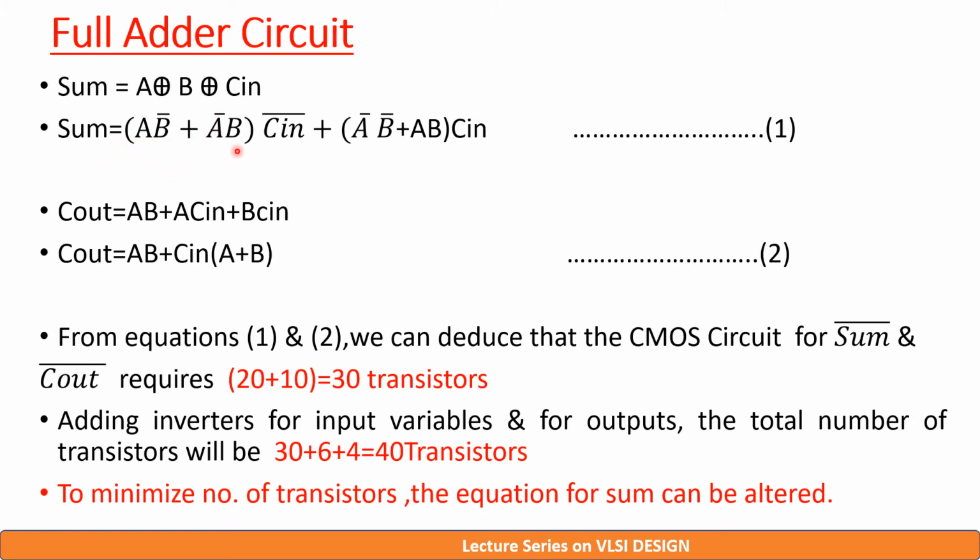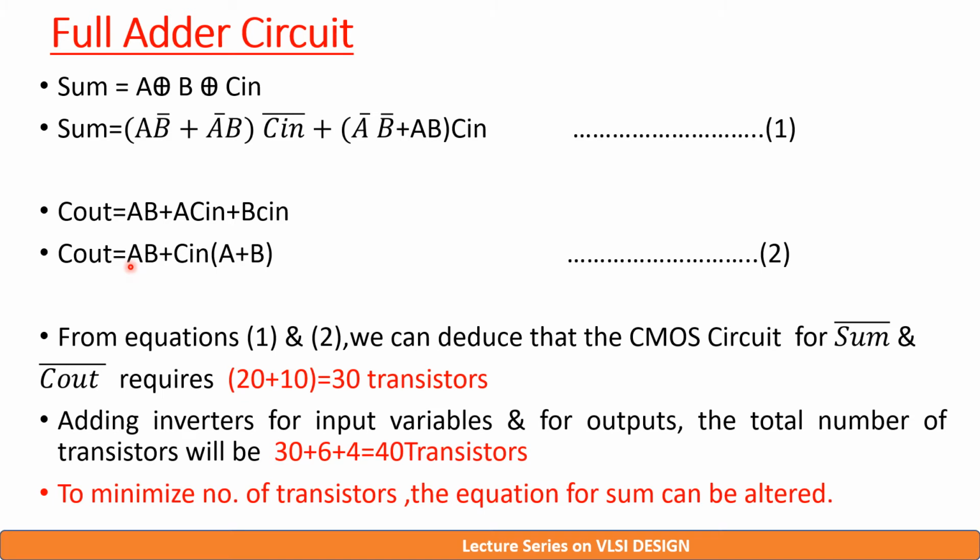So sum expression can also be written as AB bar plus A bar B into C in bar plus A bar B bar plus AB into C in. So from equations 1 and 2 we can deduce that the CMOS circuit for sum bar will require 20 transistors, 1 2 3 4 5 6 7 8 9 and 10. 10 for pull down, 10 for pull up, so sum will require 20 transistors.